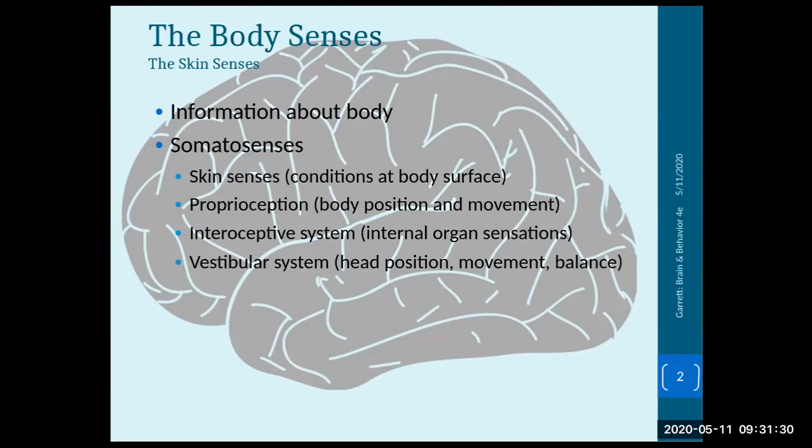Is there pain? So conditions at the surface of the body. It helps us to know where we are in space, so it helps us to understand our body position and movement. So we call this proprioception. Remember that the parietal lobe, where the information about touch comes in, is also knowing where we are in space, how far or close we are to certain objects or what's in our environment.